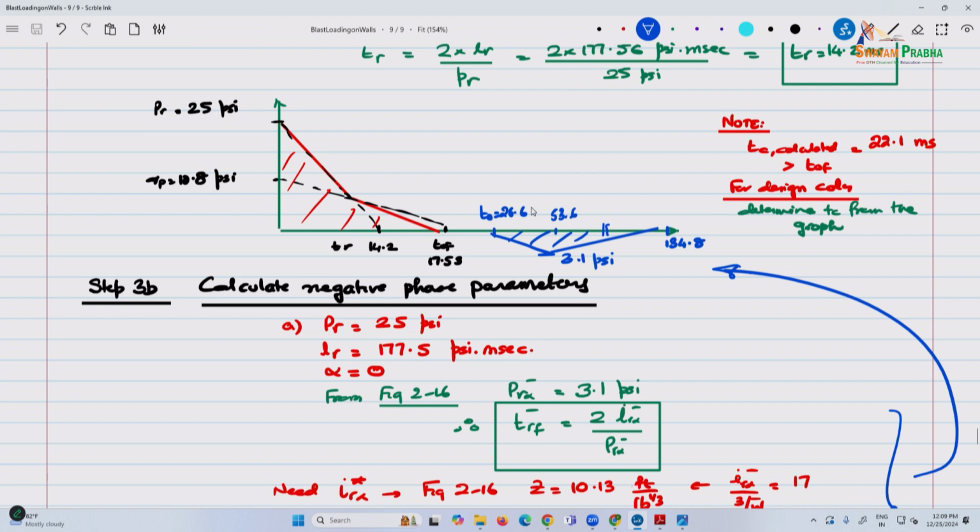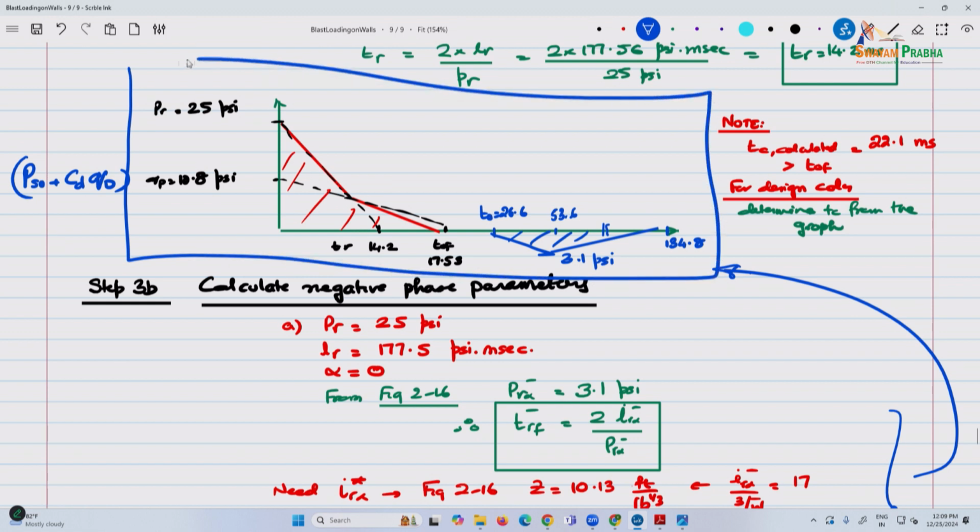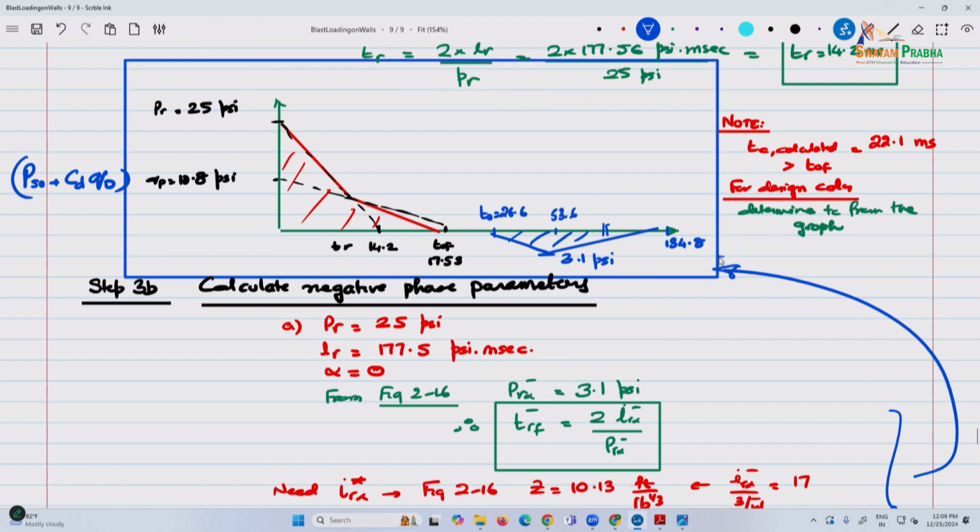So keep in mind, this is PSO plus CD Q naught, the drag coefficient. So that's your front wall loading diagram.